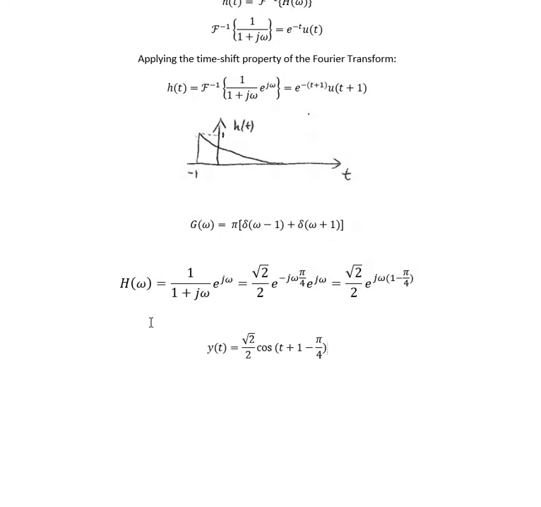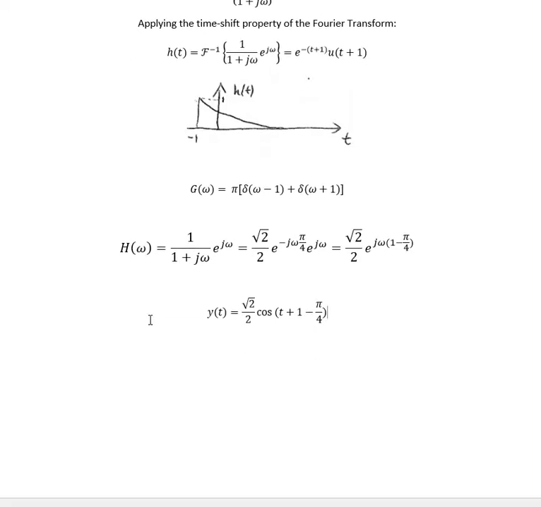But I can also, since I know that my output is the magnitude response of my input and my system response function, just multiply the magnitude of G(ω) with H(ω), and sum the phase of the two functions, and just have my y(t) equals the square root of 2 over 2 times cosine of t plus 1 minus π over 4.